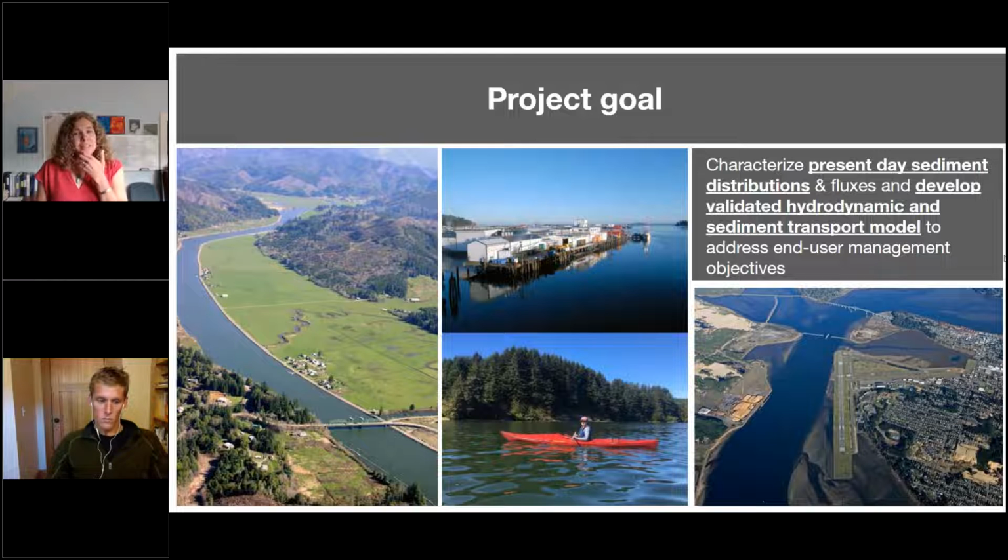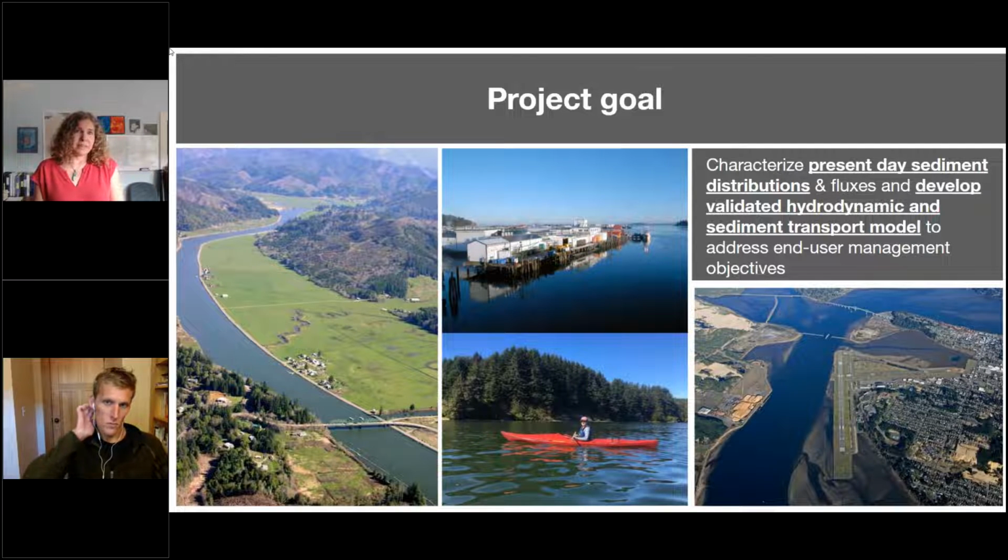So it was conversations by this stakeholder group, the Partnership for Coastal Watersheds, along with some other government agencies that really identified a common and crucial need to fill some data gaps in order for a variety of these interest groups to be able to address their various management objectives for the Coos Estuary, whatever those objectives were. So the goal of this particular project was to provide a more solid scientific understanding of the Coos Estuary for these various interest groups.